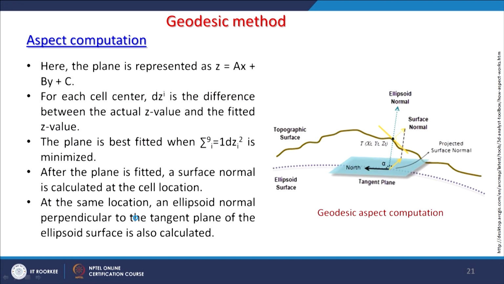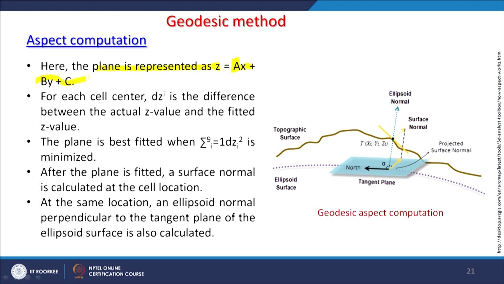So, in this calculation, the plane is represented as z equal to ax plus by plus c, and for each cell dzi is the difference between the actual z value and the fitted z value, because here we are taking an ellipsoid.